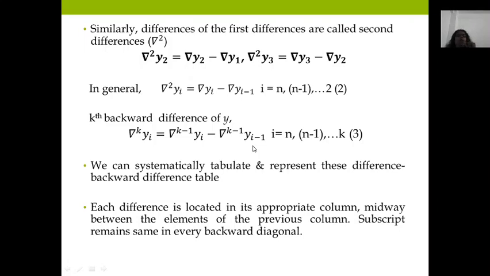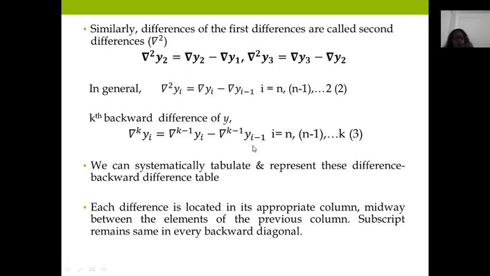Of course, we can systematically tabulate and represent these differences just like the forward difference table. This table is known as the backward difference table. Similarly, each difference is located in its appropriate column midway between the elements of the previous column, and the subscript remains the same in every backward diagonal.